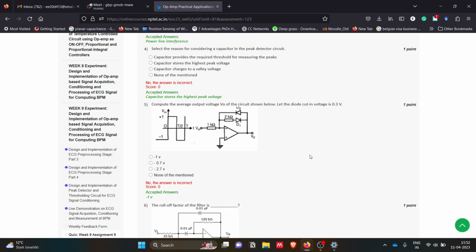The input wave is plus 1 volt for T by 2, and then minus 1 volt. Compute the average output voltage V naught. Diode cut in is 0.3 volts.